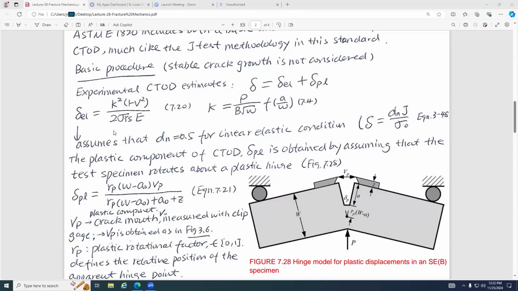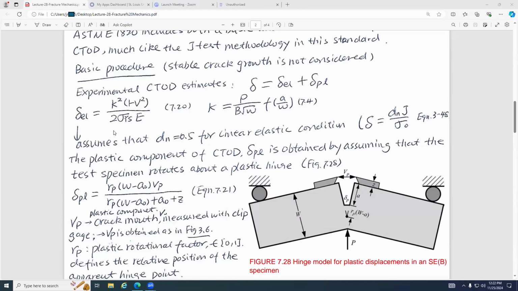Delta PL is usually difficult to measure directly. In experiments, we cannot measure delta PL directly. What can be easily measured is VP, which is outside, the distance between the tips of the two knives. It's very easy to measure.